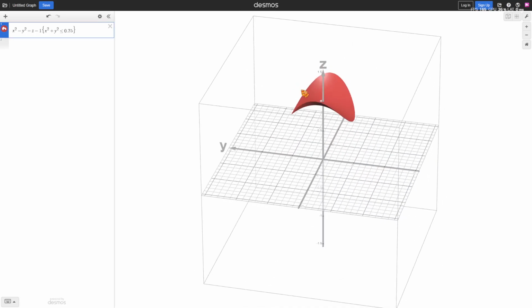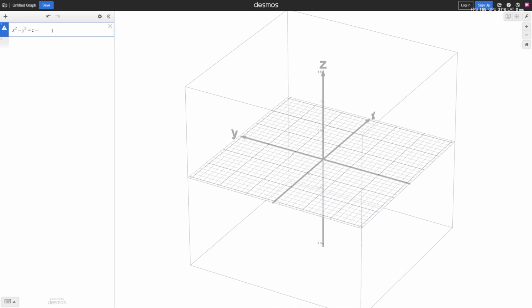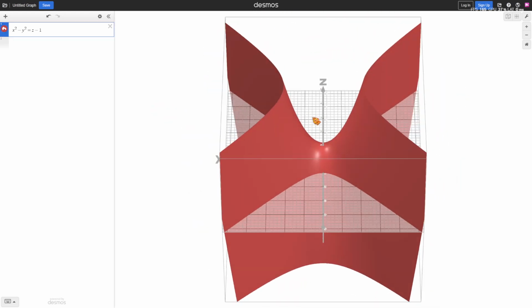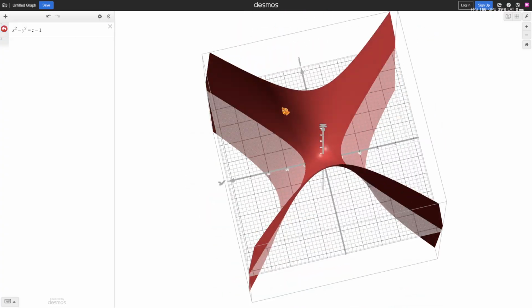So it's kind of neither. And this is what the graph looks like without the restriction. It doesn't always have to look like this, but this is just an example.